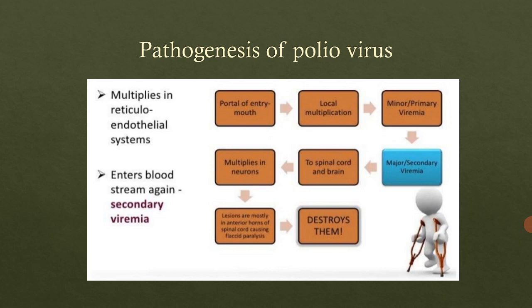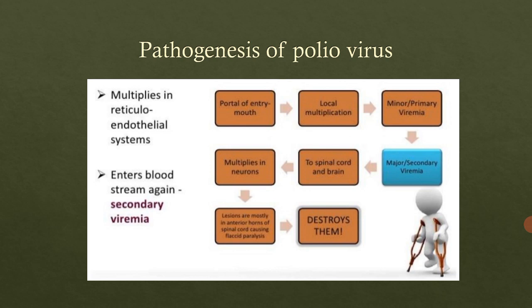The secondary viremia occurs when they enter the bloodstream again after the multiplication, and this is the major type. Then it will spread to the spinal cord and the brain.